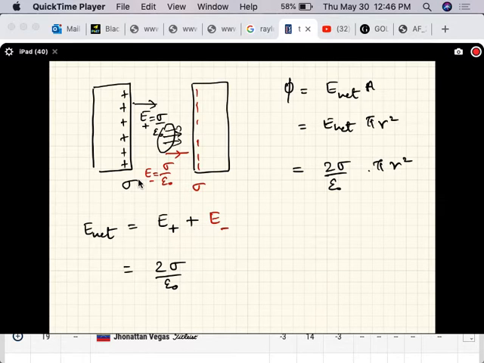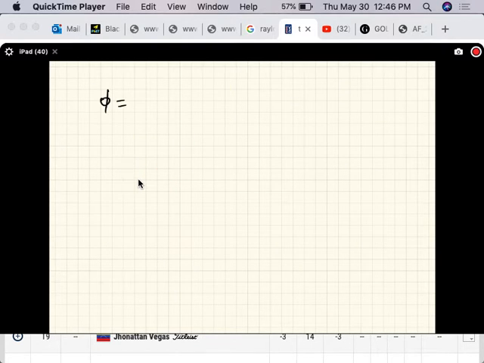Okay, let me all right, so the flux is 2 pi over epsilon naught, 8.85 into 10 minus.